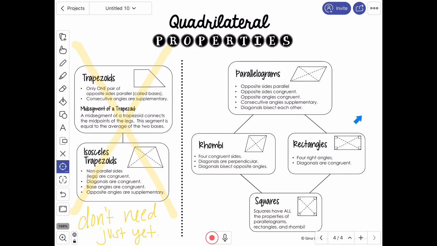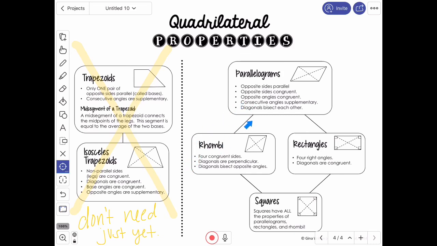The way this works is parallelograms are like the parent almost, what all of these come back to, I should say. So the rhombi and rectangle have all of these qualities as well as these additional ones. So that's why they're connected. Even though the rhombi has these three properties, you can't forget about these as well.